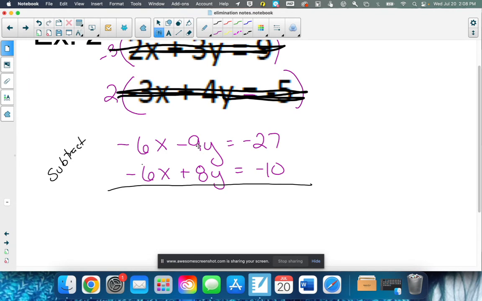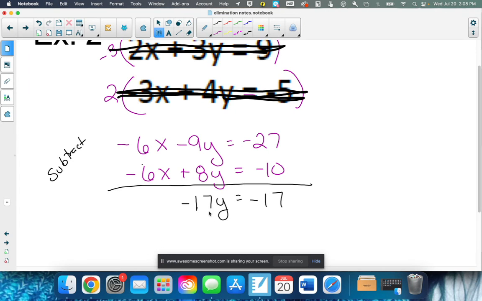I'm subtracting negative 9 and 8 should give me negative 17 y's. And if I'm subtracting negative 27 and negative 10, I should also get negative 17. Right? Remember, because negative 27 minus negative 10, if you have a double negative, you are supposed to be adding. Again, if you're struggling with this a little bit, make sure you're grabbing your calculator.